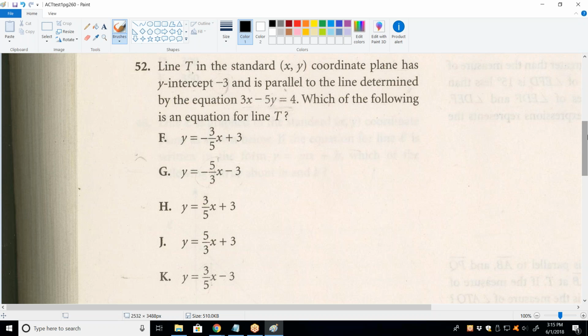What is the slope of two parallel lines? It's the same. Okay. So these are parallel lines. So the first thing we need to do is figure out the slope of this line. How do you figure out the slope of that line? You have to get y alone. So do it.